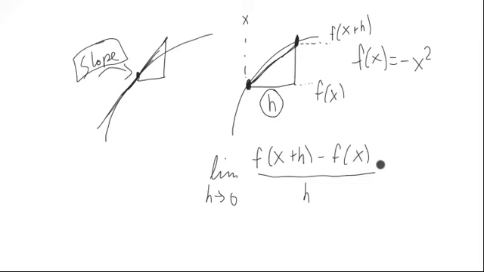All right, and we can do this by putting x plus h in for x here, and negative x squared.